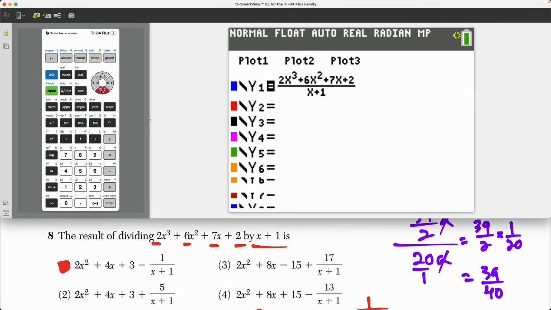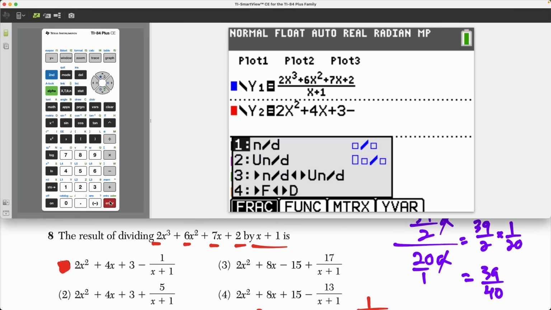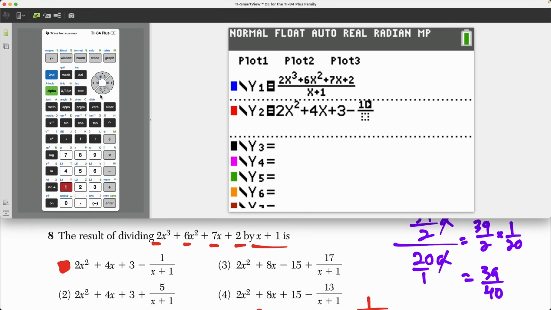And I claim that this is equal to choice 1, so I write in my y2, my answer choice, 2x squared plus 4x plus 3, and then minus alpha y equals enter to pull up the fraction, and the fraction is 1 over x plus 1.